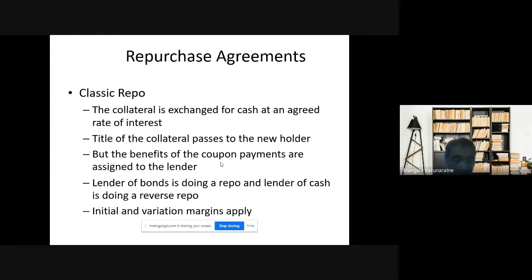We will say that we have agreed, or we have gone by the regulation, and we have kept, we will say 10% margin, right?